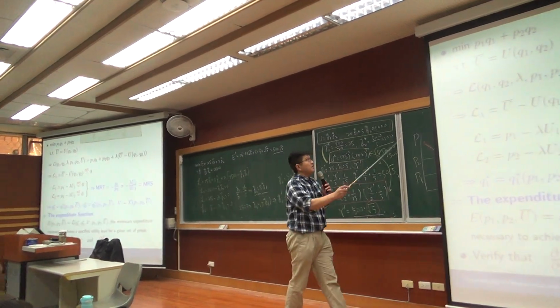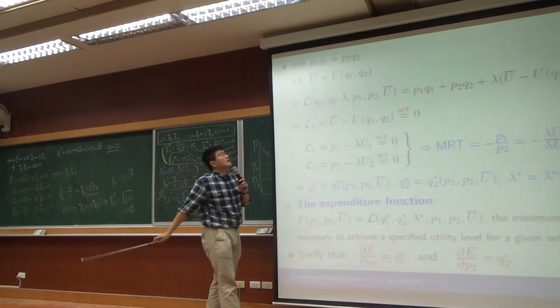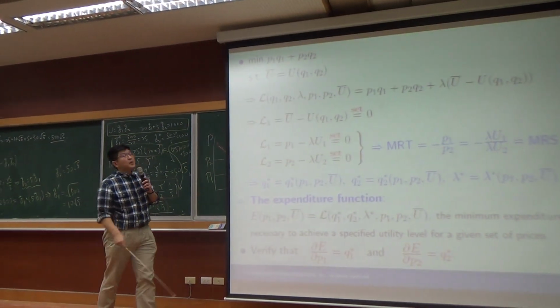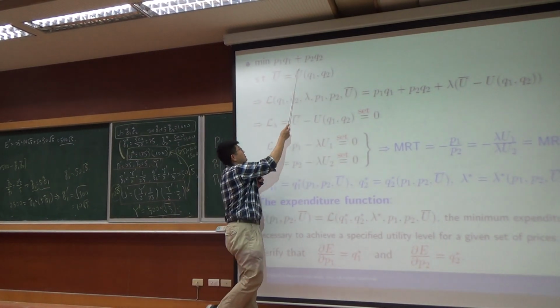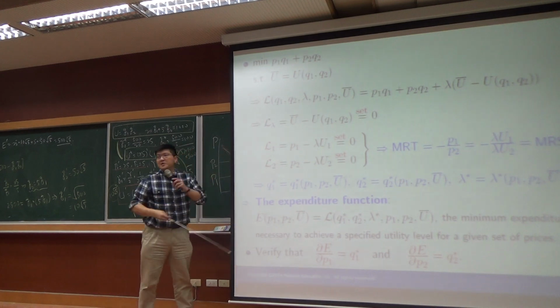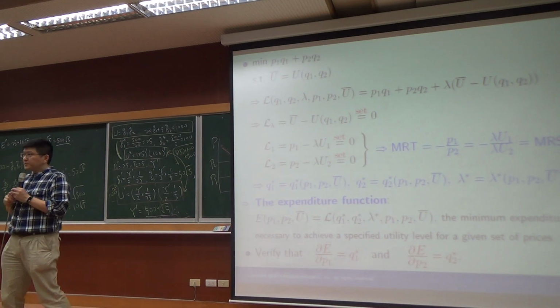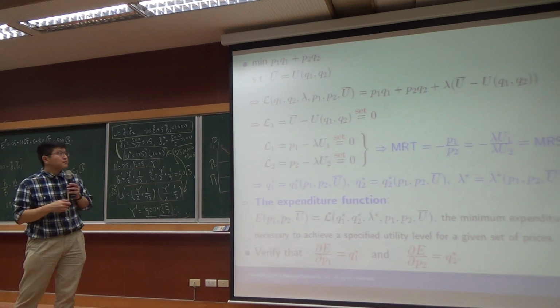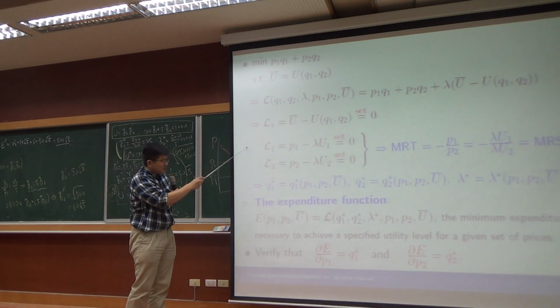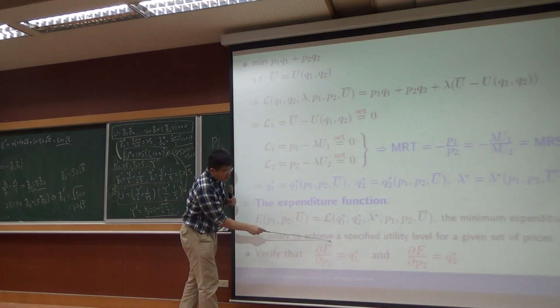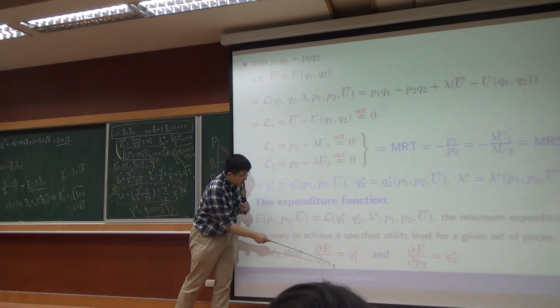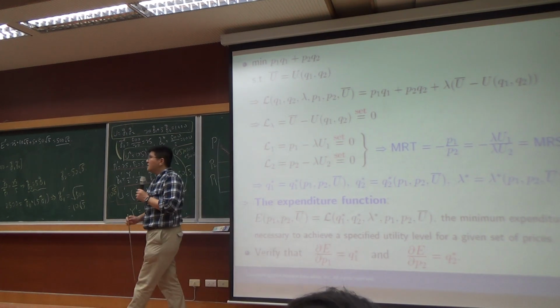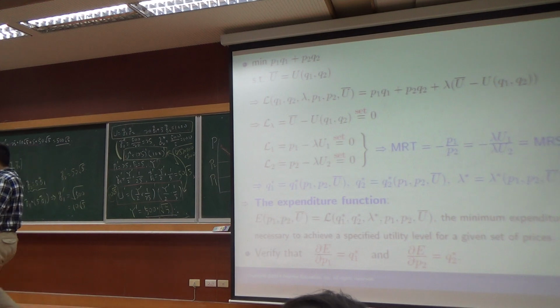So the objective function is the expenditure. We want to minimize our expenditure, given the utility function to be some specified, some required level. So you may see if we have the expenditure function, then we may find what?